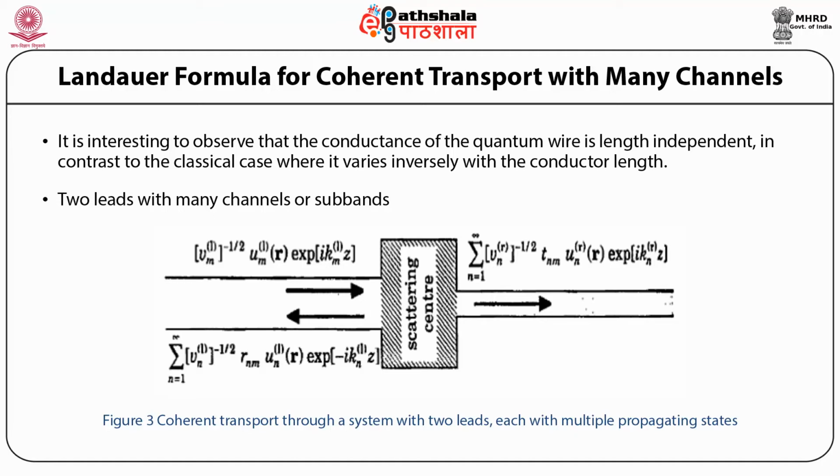These subbands are also called the modes or the channels. So this figure elaborates the coherent transport through a system with two leads, each with multiple propagating states.